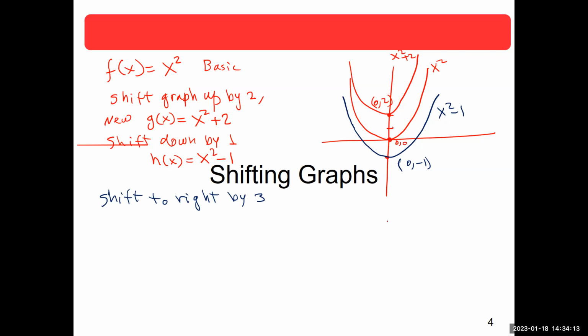We can do that plotting easily. So 1, 2, and 3. So we move the vertex. So that's the original. Okay. That's the x squared. And we move the vertex to this location, 3, 0. So that's the new one; we just moved it to the right by 3.